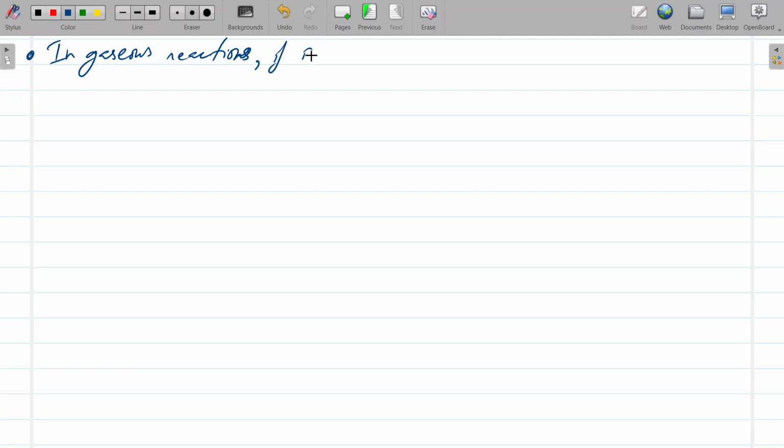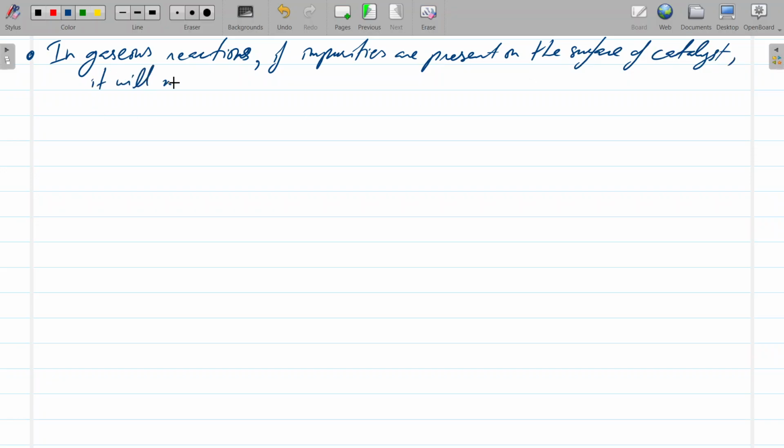So if impurities, and impurities could be dirt or anything else, are present on the surface of the catalyst, it will not work efficiently. So it won't give you the speed increase in the rate of reaction as you would expect.